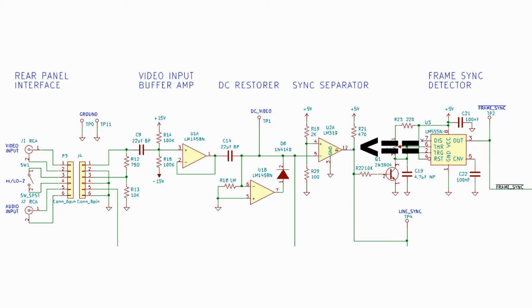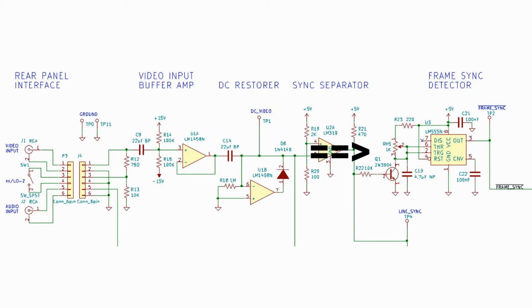As long as the video is above the reference voltage on pin 4, the output remains low. So for every sync pulse that comes in on pin 5, the output will pulse to a high logic level of 5 volts. This separated sync is sent to the frame sync detector and to the line scan circuit.